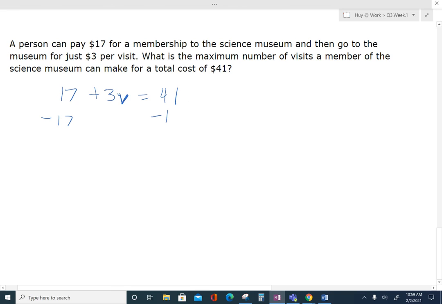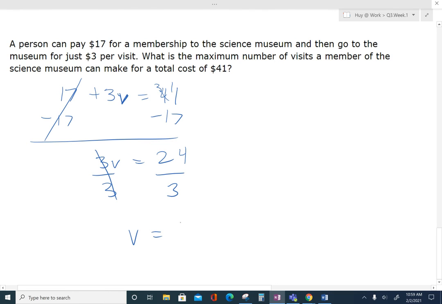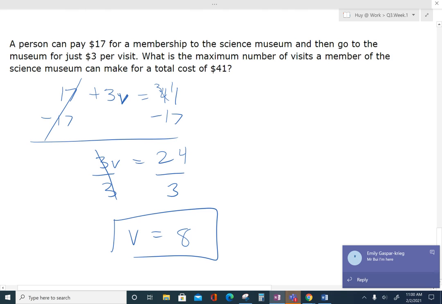All right, so let's subtract 17 from both sides here. 3 visits equals 24. So let's divide both sides by 3. And for $41, they can visit 8 total times.